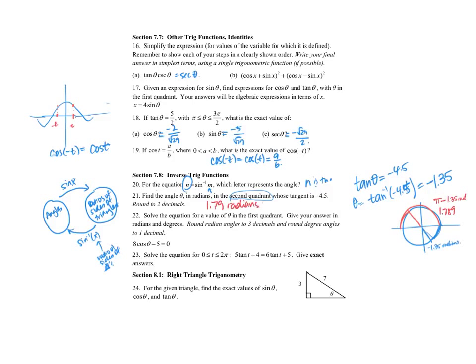Okay, so pi goes all the way to there, and then I can take off the 1.35 radians, and that gives me that same angle. Okay, next one.